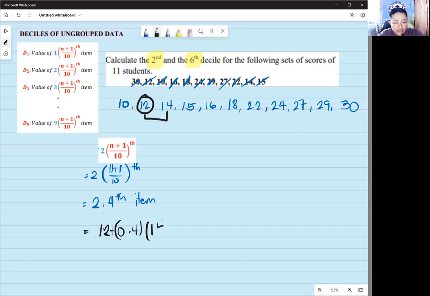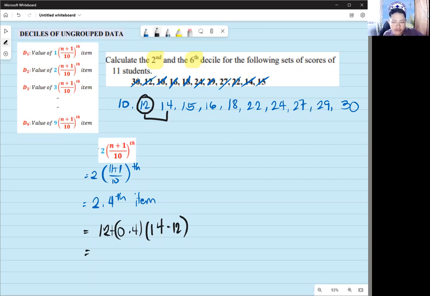So we have 14 minus 12. Kindly press this in the calculator, everyone, and type the answer in the chat box. Let's wait for the rest. Very good. I need more answers from you.